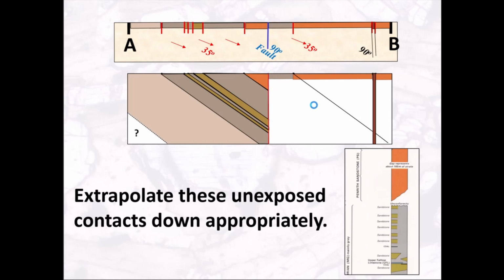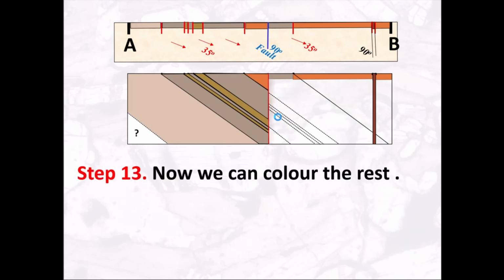Okay, I'll try and show you both ways in my video of the lab. But whatever way we do it, we're going to interpret the continuation of the stratigraphy on the right hand side of the fault. Okay, at this point then we can nail our colour to the mast, and we can finish our cross section.